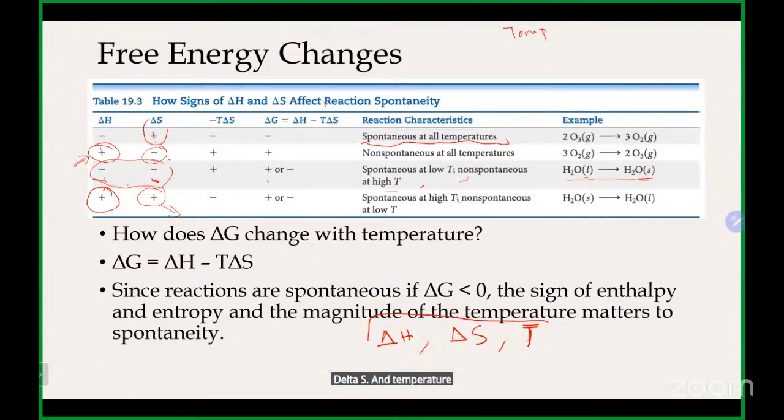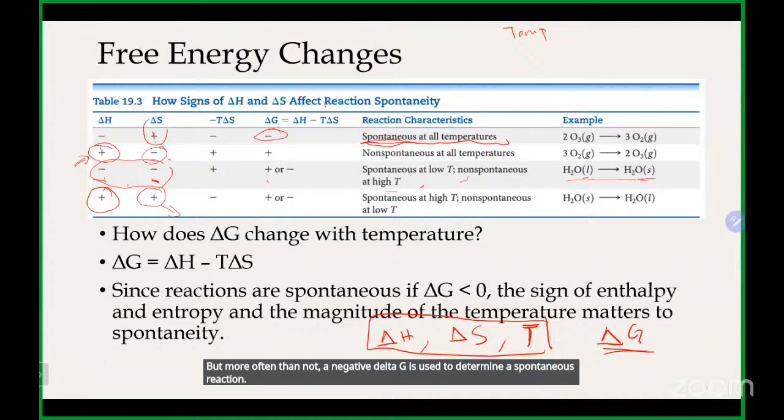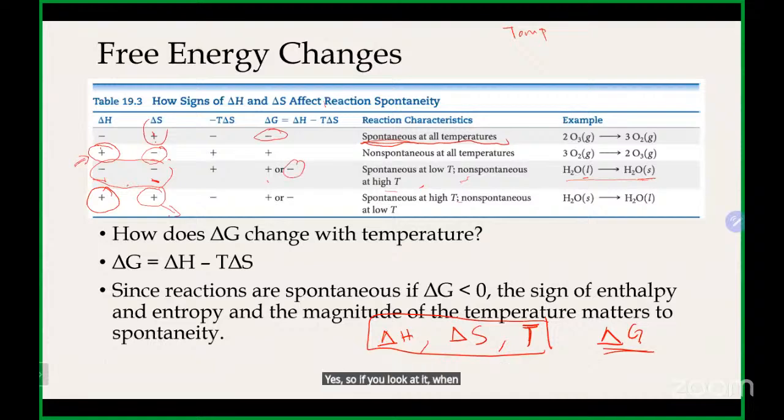All these are present in the Gibbs free energy change. But more often than not, a negative delta G is used to determine a spontaneous reaction. So if you look at it, when it is negative, it is spontaneous. That would be at high temperatures. When it's negative, it's also spontaneous at low temperature and at high temperature.